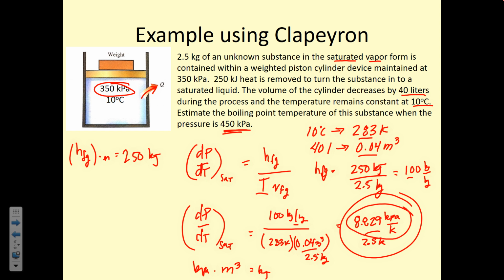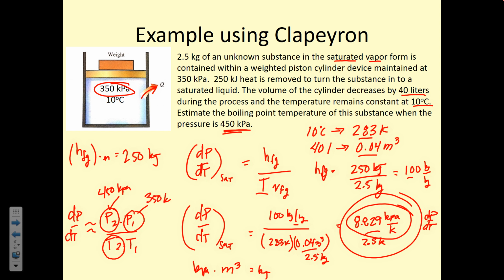But basically what you find here now is dP dt. dP dt, if we're assuming it's linear over that range, is equal to P2 minus P1 over T2 minus T1. So if you're trying to find the saturation temperature at a different pressure, we know this is going to be the 450 kilopascals. We know this is going to be equal to 350 kilopascals.